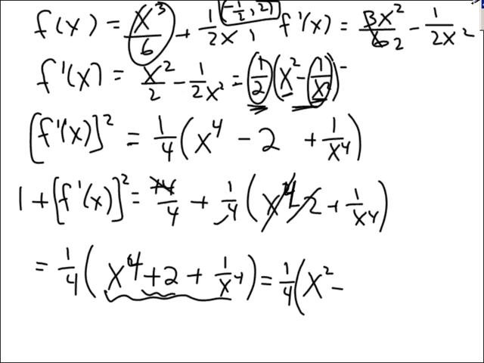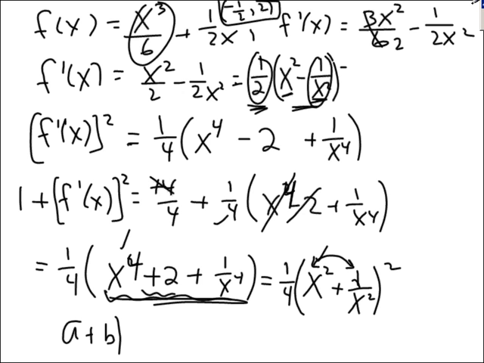It's x squared plus 1 over x squared, squared. You have to be able to do that. When I square that, I get x to the 4th. When I multiply these two, I get 1. But I'm supposed to multiply it by 2.